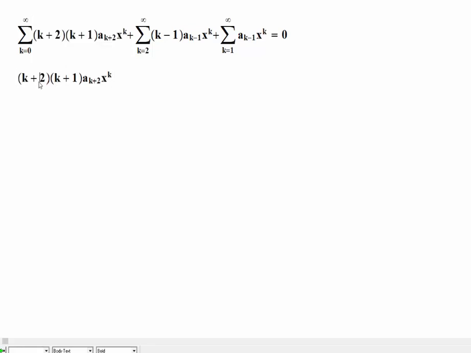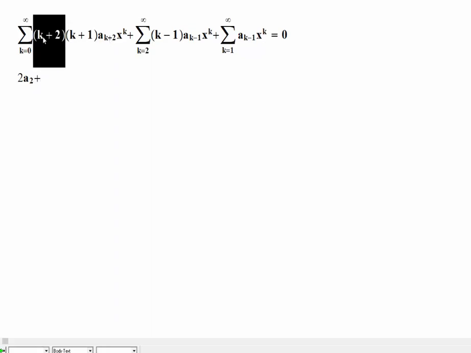This would be a 2, this would be a 1, so the whole thing becomes 2, and k is 0, so this will simply become a sub 2, and x to the 0 will become 1. So that's the first term.